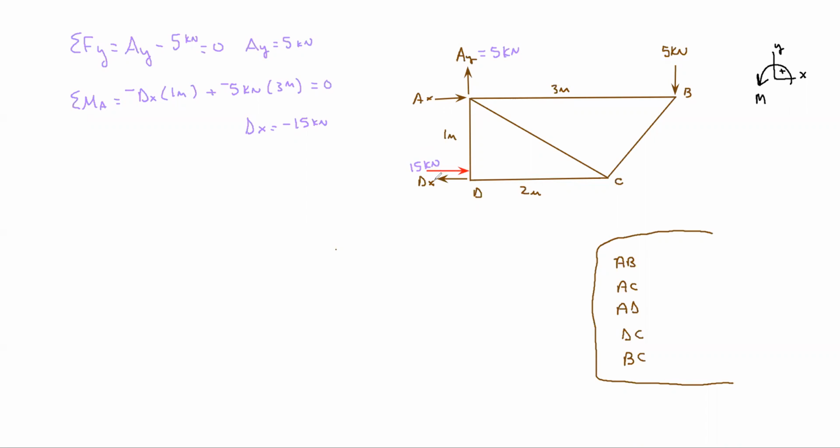The correct direction for Dx is going left to right, which means the correct direction for Ax is right to left. I'll go ahead and correct that now. And it's also 15 kilonewtons. You can do the summation of forces in the x direction, and it'll come out to be 15 kilonewtons, I promise.